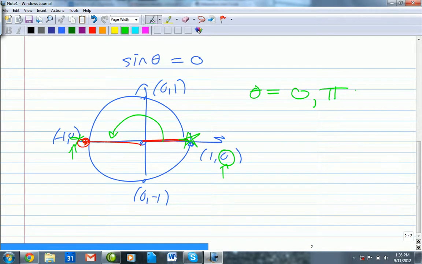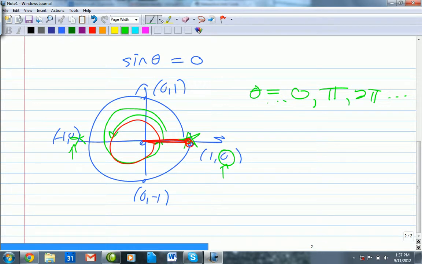Another solution would be a full 360 degree turn, which would wind me up right back where I started, with 2 pi radians. Dot, dot, dot. And of course we can go in the other direction as well. Dot, dot, dot. Okay, so those are the zeros of the sine.